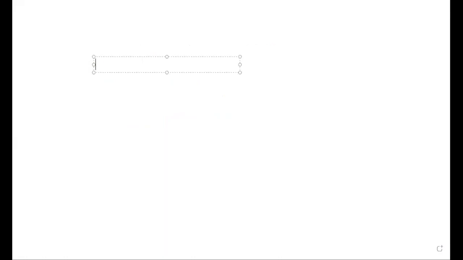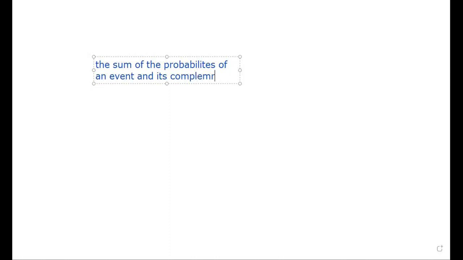The sum of the probabilities of an event and its complement equal how many, grade 7?